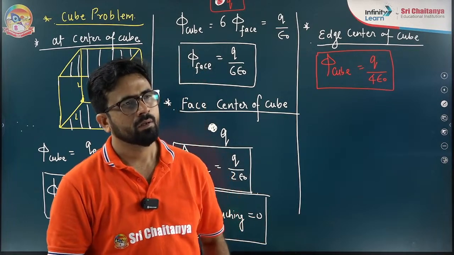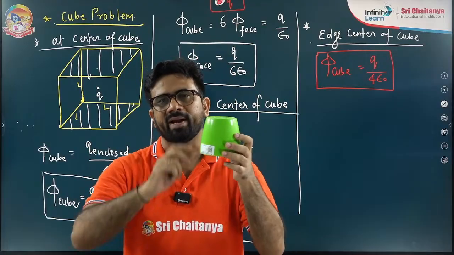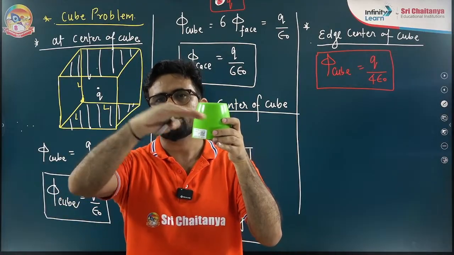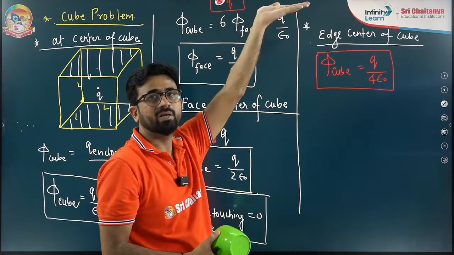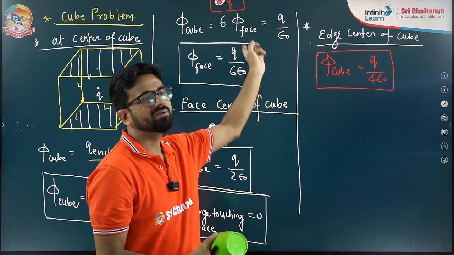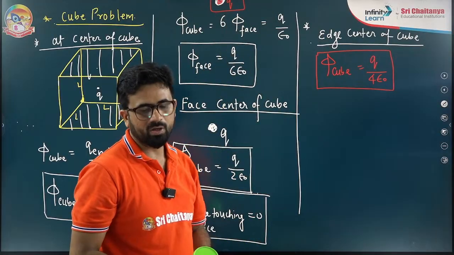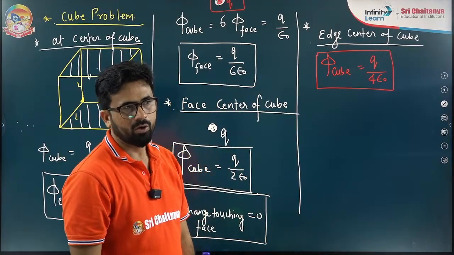Now see one more thing. When you are putting this charge at the edge, this ceiling part and this front wall, both of them are touching this charge. That means the charge is touching these two surfaces. So what is the flux associated with these two walls or two faces?